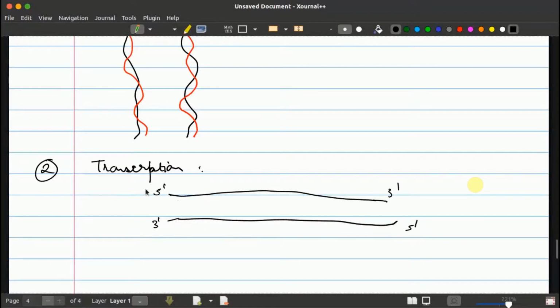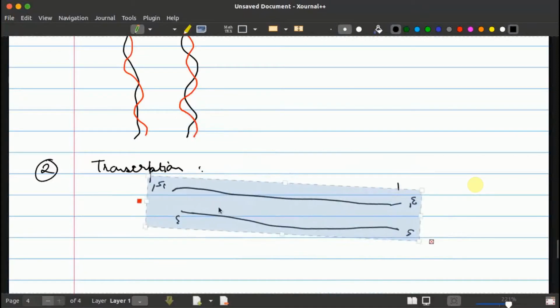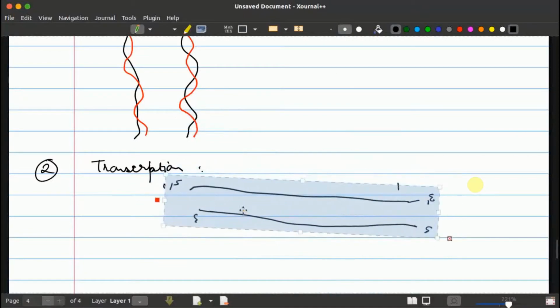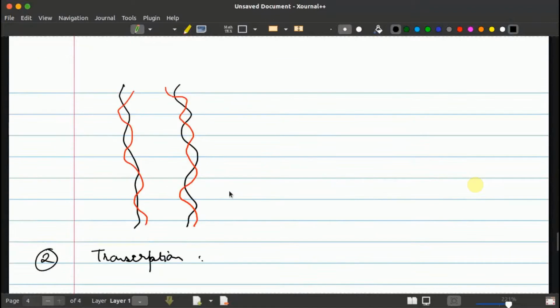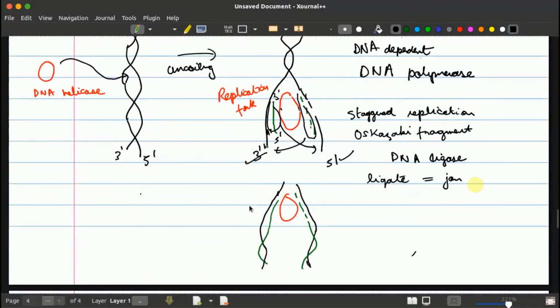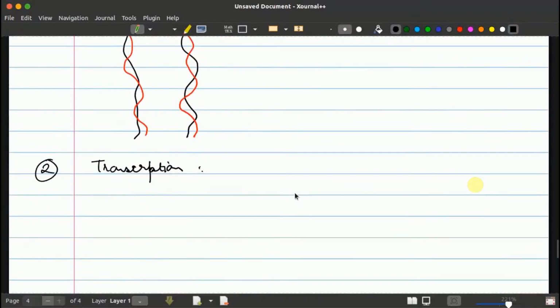But just think of it. I have written this 5 prime to 3 prime in this direction. I will flip it upside down. How does it know which is up and which is down? No, it's not random. Interesting. I'll give you a clue. Like, how did we? Correct.